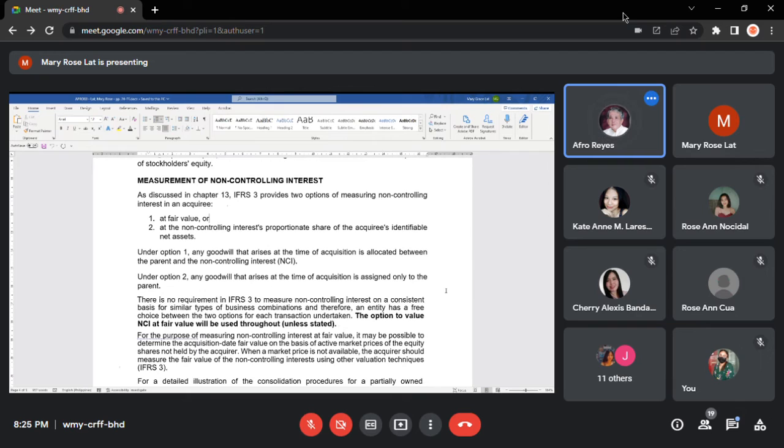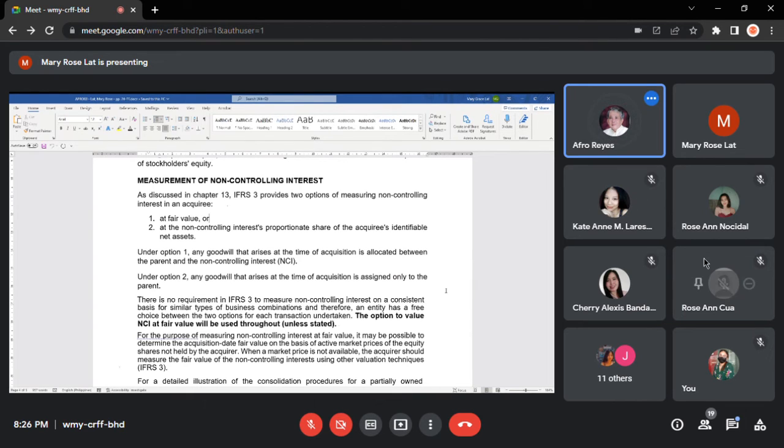The subsidiary, or rather the acquiree, has to come up with the statement of comprehensive income.